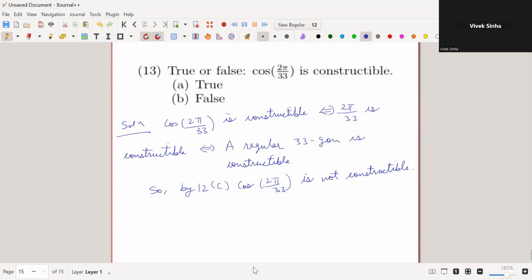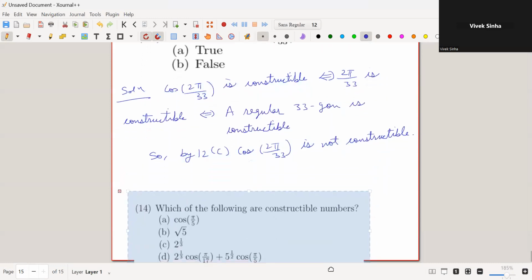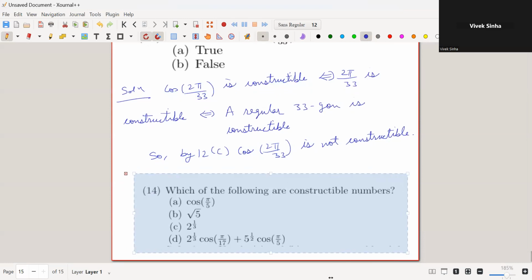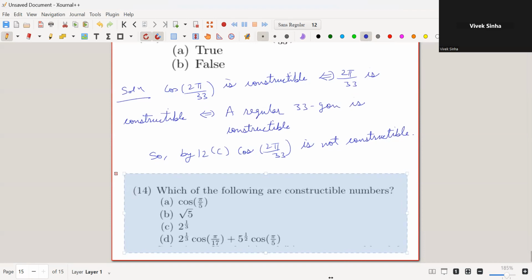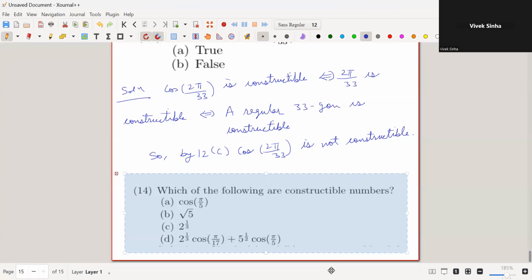Okay, then the last question for today's discussion is again for constructible numbers. It says which of the following are constructible numbers: cos pi by 5, root 5, 2 to the 1 by 3, and all these things.